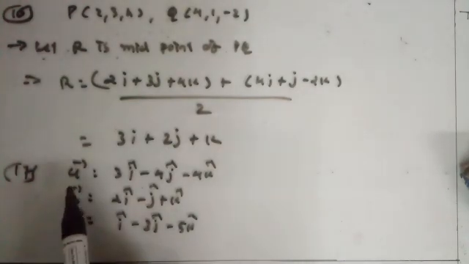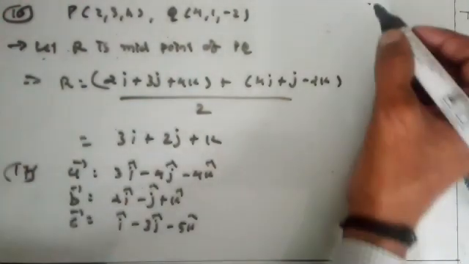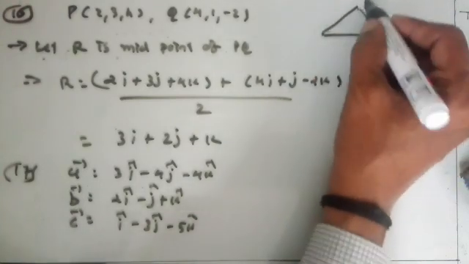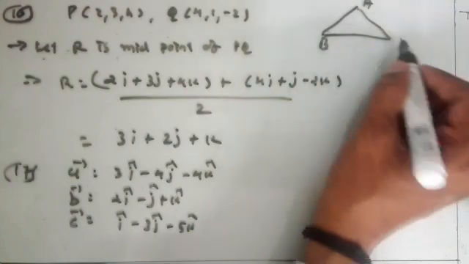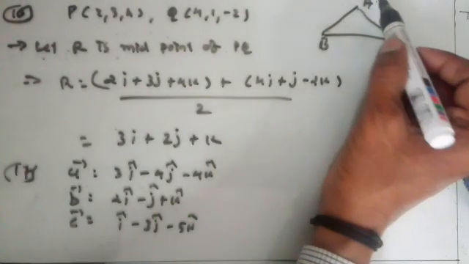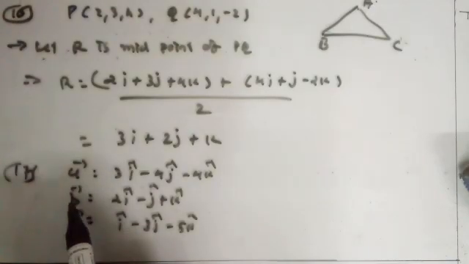Here we want to show that triangle ABC is a right angle triangle, where the position vector of A is a, of B is b, and of C is c.